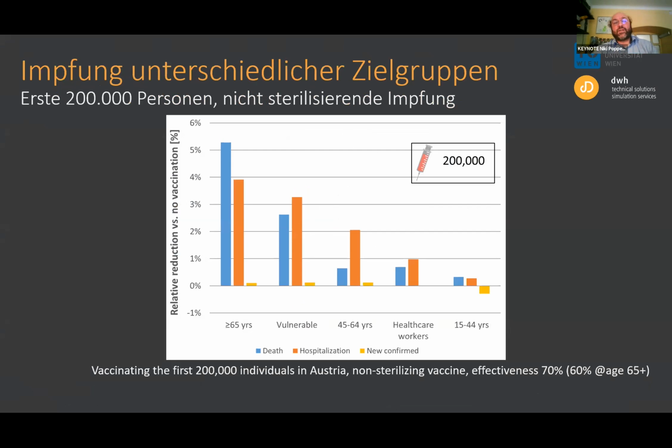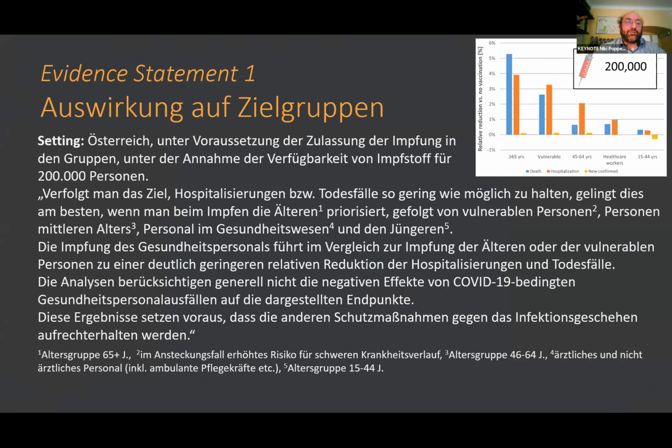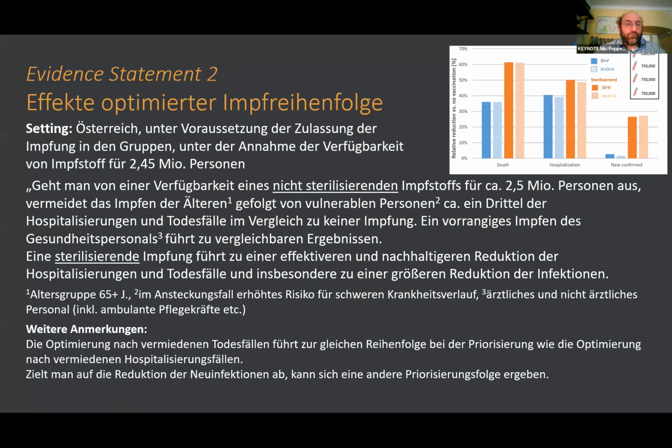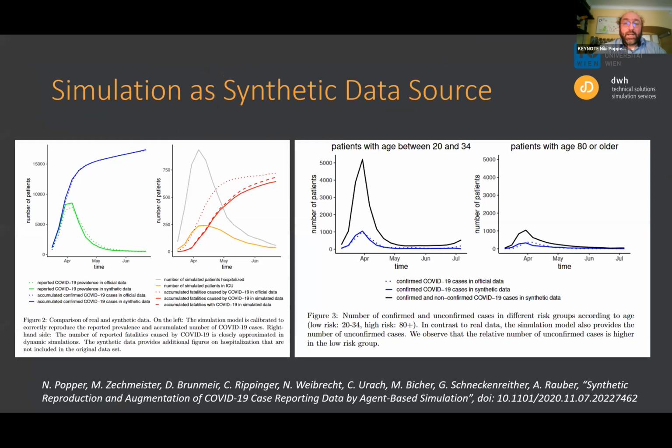So for example, the first vaccinations for 200,000 persons and effectiveness on the different population groups. These evidence statements are generated and are sent to the highest vaccination committee here in Austria. Unfortunately, at the moment, it's only in German, but it came out that, for example, of course, vulnerable persons and medical personnel should be vaccinated in the first step.